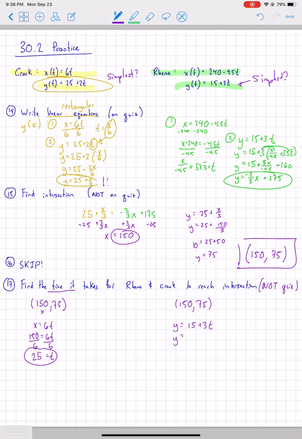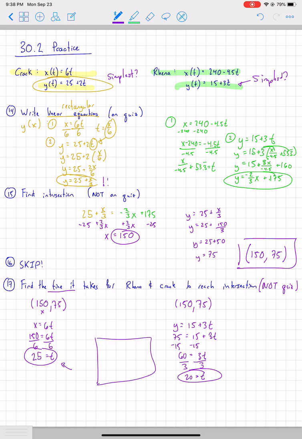So our y value is 75, and the equation for our y value is 15 plus 3t. Once we start trying to solve for t, we subtract on both sides to get 60 equals 3t. Divide by 3, so we get 20 equals t.